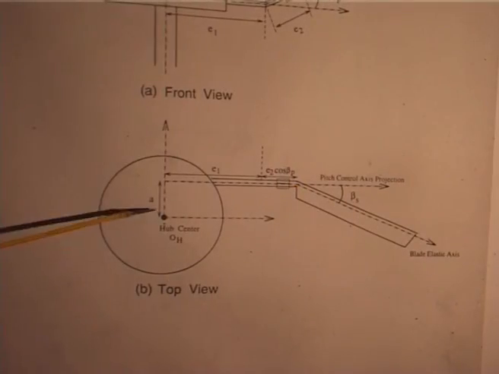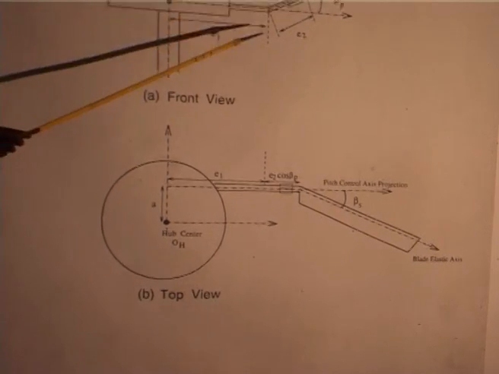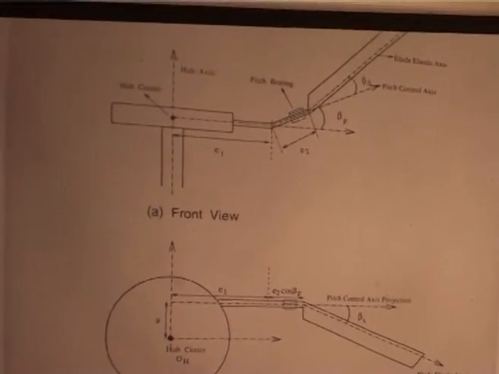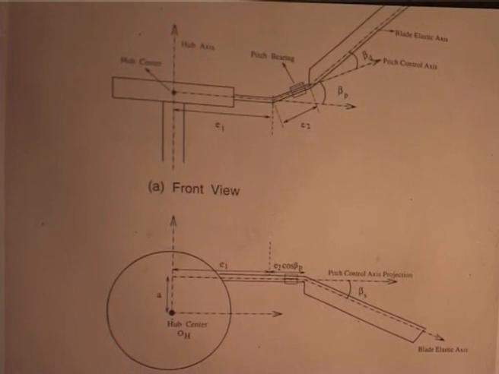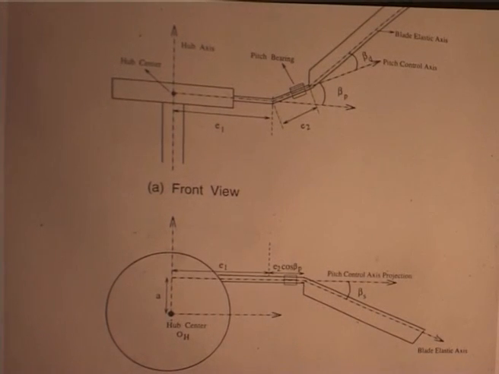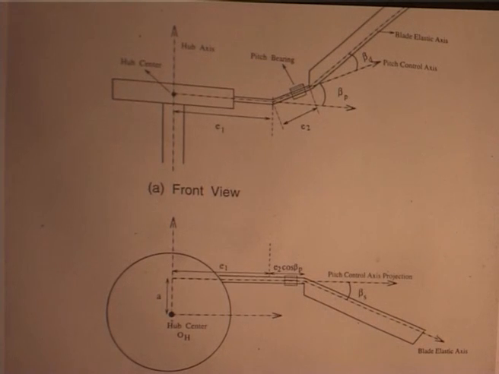Now, this is the torque offset, these are hinge offset and precone, pre-flap or pre-droop, and then pre-sweep. These are the geometrical complexities in a rotor hub, but it is not necessary that all rotor blades should have everything. That depends on the experience of the manufacturer.